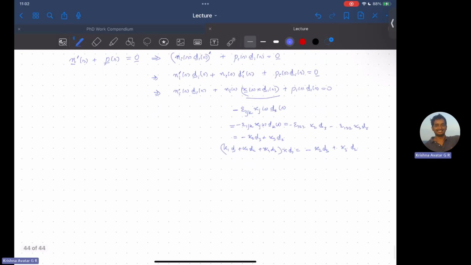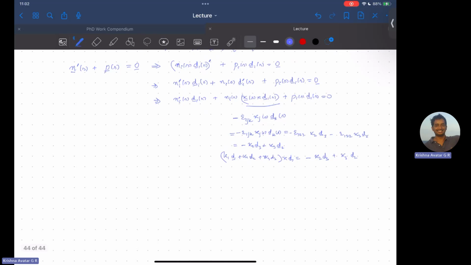So now we can write this in components for i equal to 1, 2, 3.